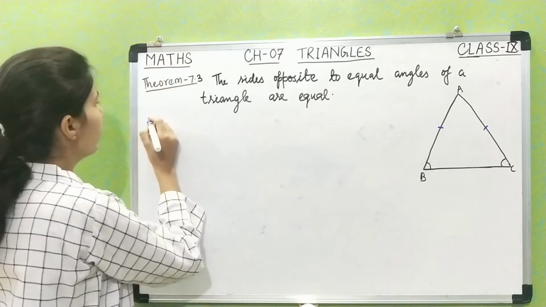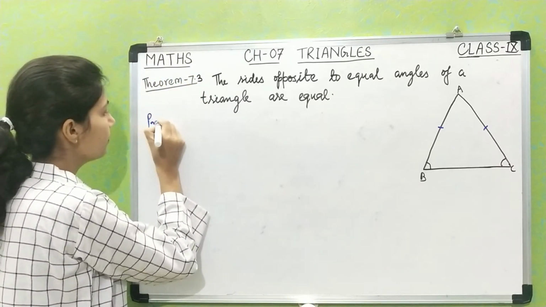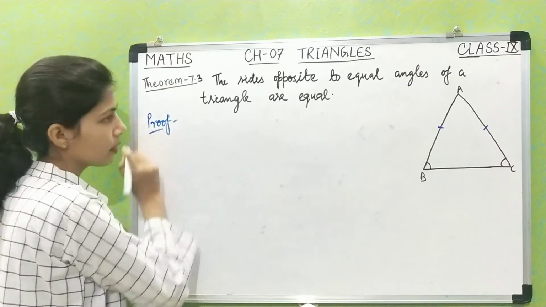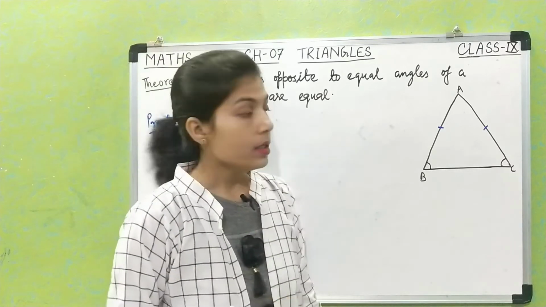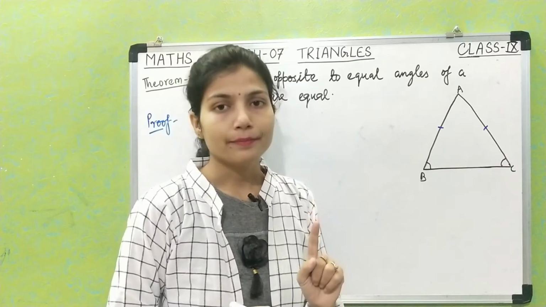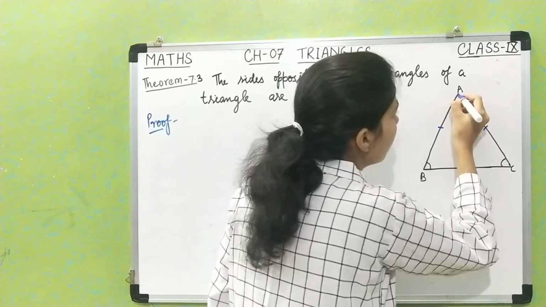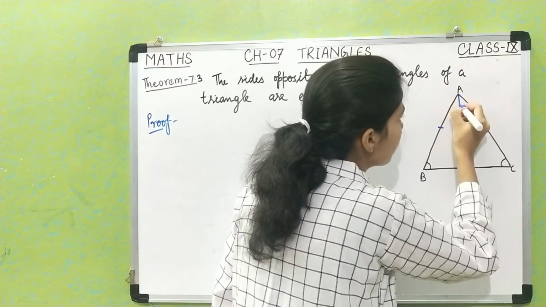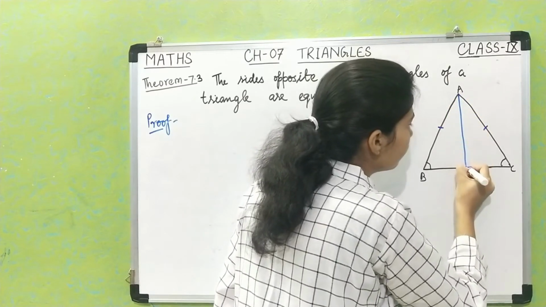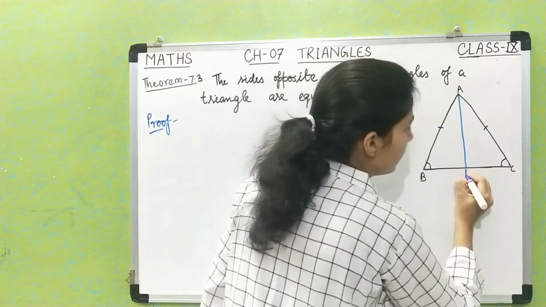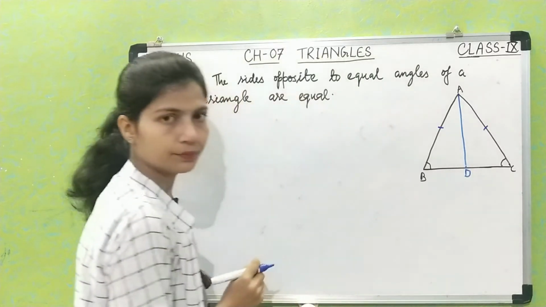So see here, in this triangle we have to draw an angle bisector. Let's draw the angle bisector of angle A, and its name is AD.